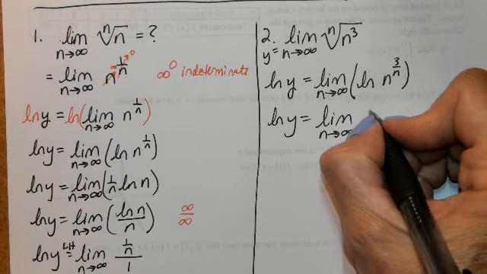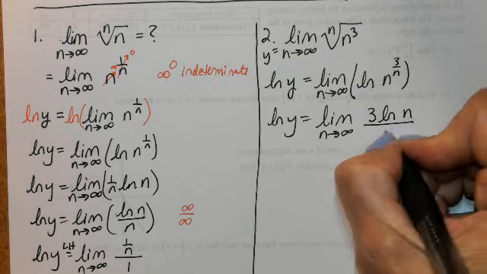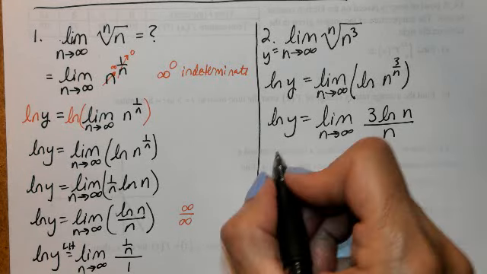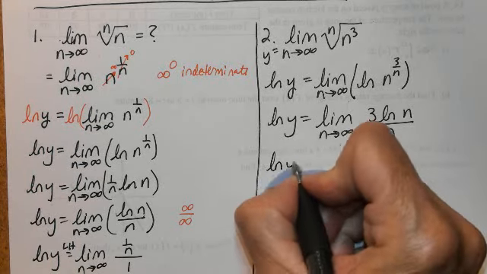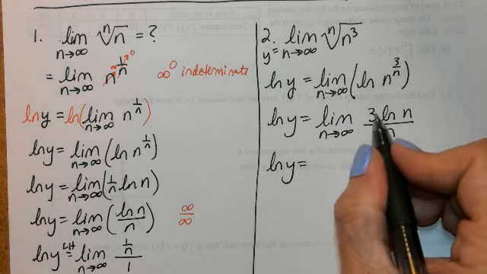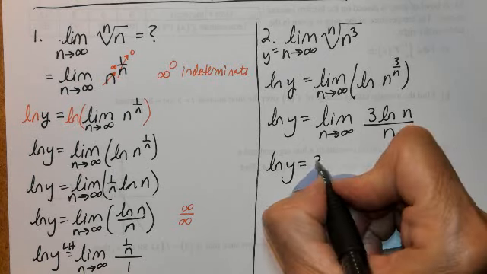So that will be 3 ln of n all over n. This 3 here is just a constant, so I could take that out.